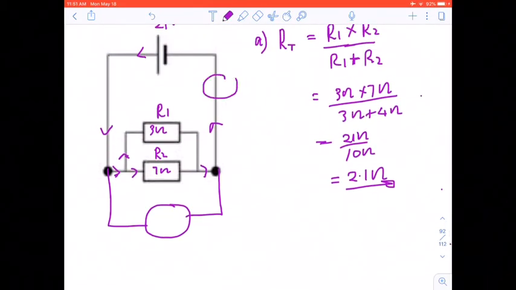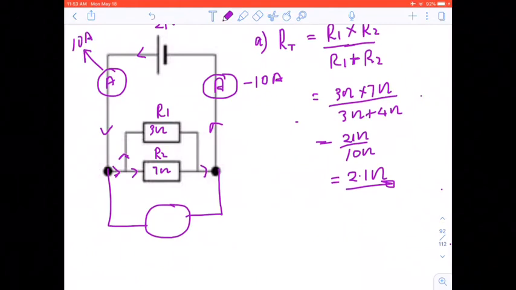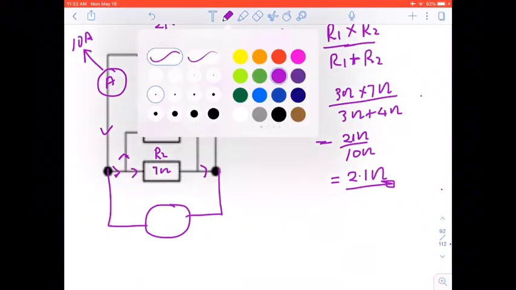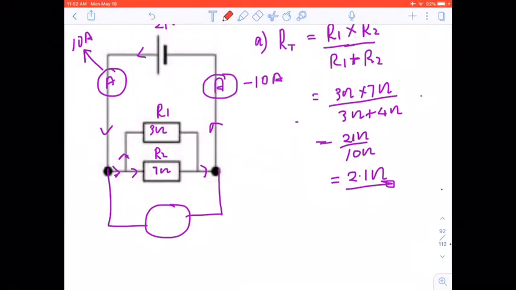So if I have an ammeter here, it's going to read 10 amps. And if I have an ammeter there, it's going to read 10 amps. But when it comes to our resistors and it branches off, we want to know, for instance, how much current goes through there and how much current goes through there.